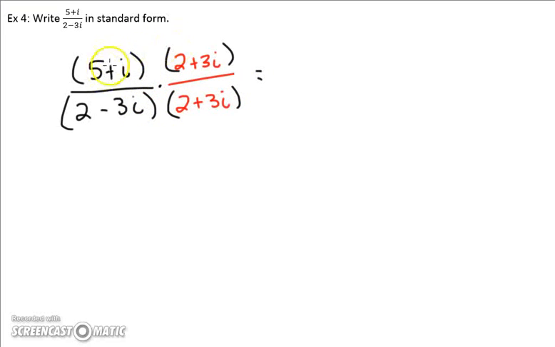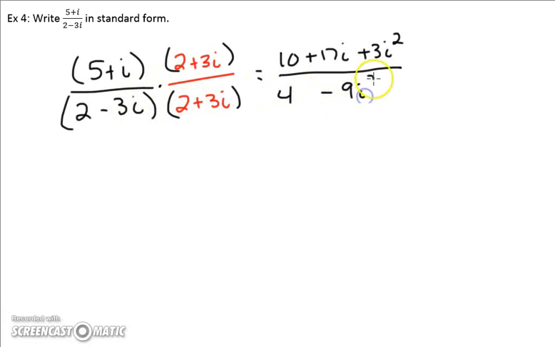We're going to distribute on the top and on the bottom. So we get 10 plus 15i and another 2i, so plus 17i, and then plus 3i squared. If we chose our conjugate correctly, we should get rid of all of the i's in our denominator. So we get 4, plus 6i minus 6i, so those cancel, and then minus 9i squared.